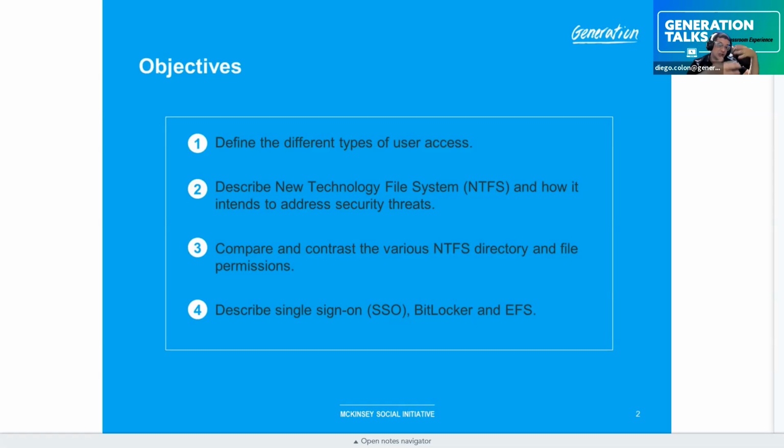As soon as it finishes decrypting and they log in, if they just leave it open that way, or maybe just lock it, now it's decrypted, and now you can get into that data. Versus EFS, where for every single file you have to choose which files you want to encrypt.